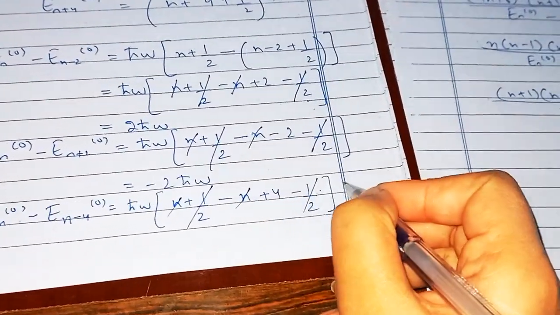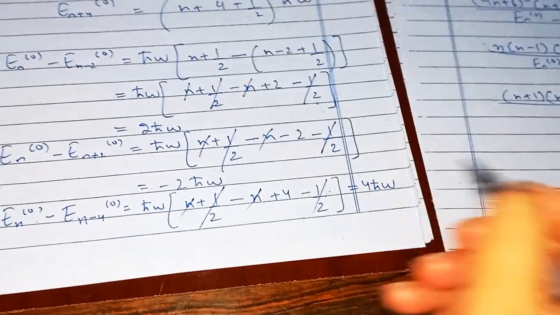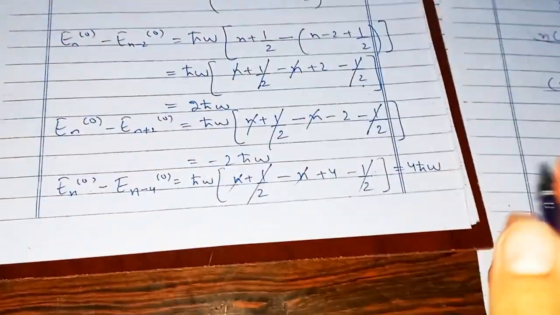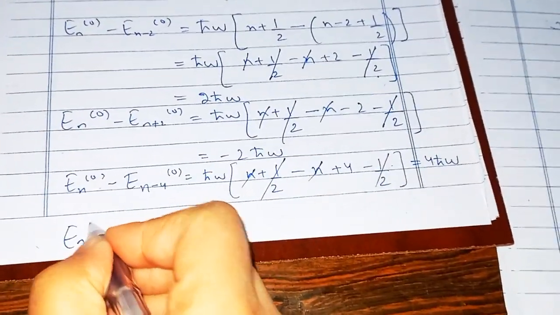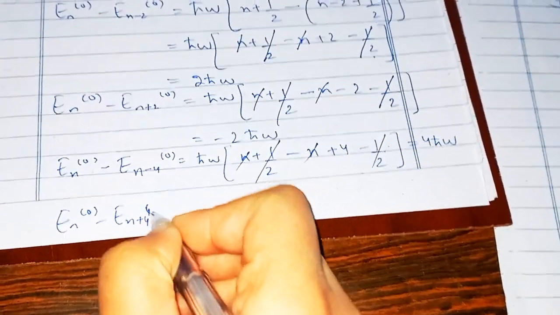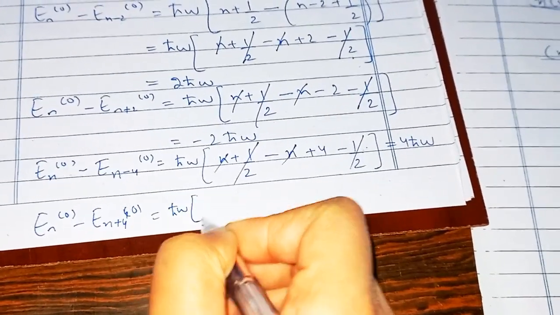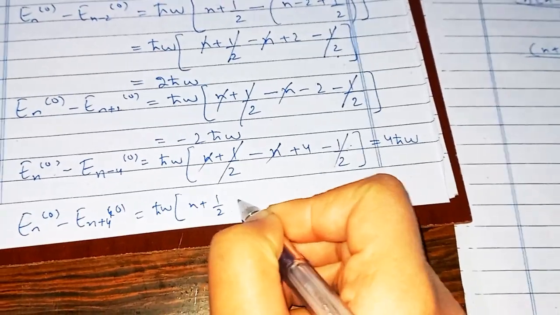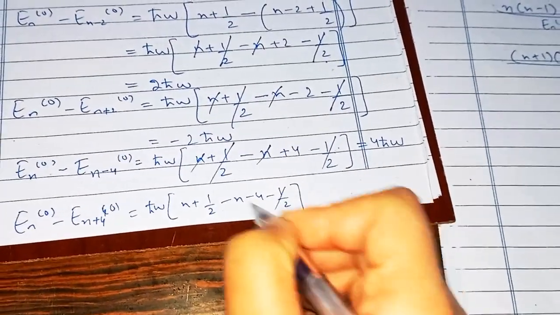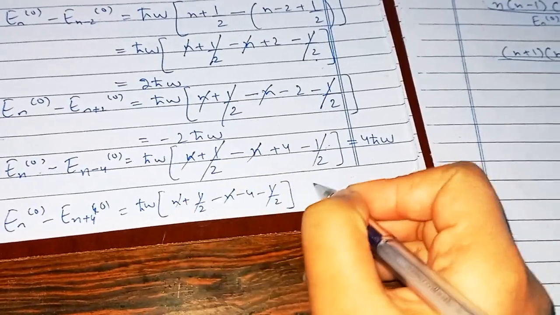It's 4 h cut omega. Now we have the last term, so En of 0 minus En plus 4 of 0, it's h cut omega, n plus 1 by 2, and if you change the signs, it's minus n minus 4 minus 1 by 2, cancels, it's minus 4 h cut omega.